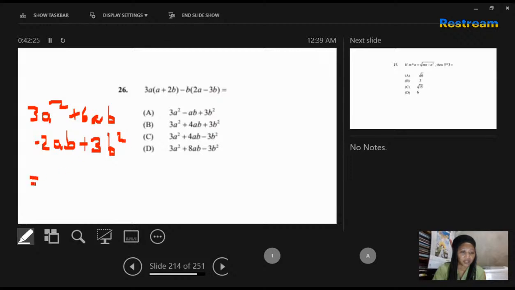So that would give us 3a squared, and 6ab minus 2ab is positive 4ab, plus 3b squared. So that's b.